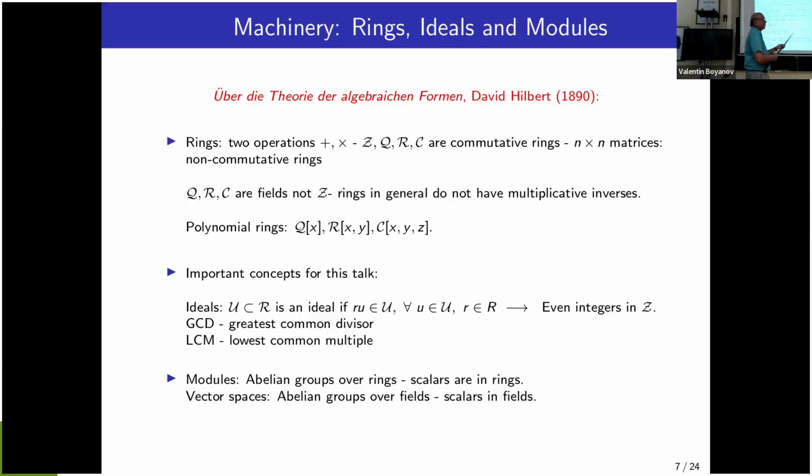And another such thing is an ideal, all multiples of 3. So the ring is a kind of special ring. It's called a principal ideal ring. Even numbers form an ideal. Multiples of 3 form an ideal. All multiples of any integer will form an ideal. But these are the only ideals in this ring.